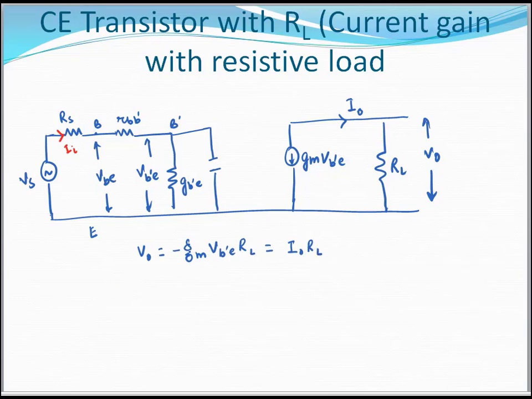So V0 by Vb'e is equal to minus Gm RL, and this is the gain, and this is the value of K.